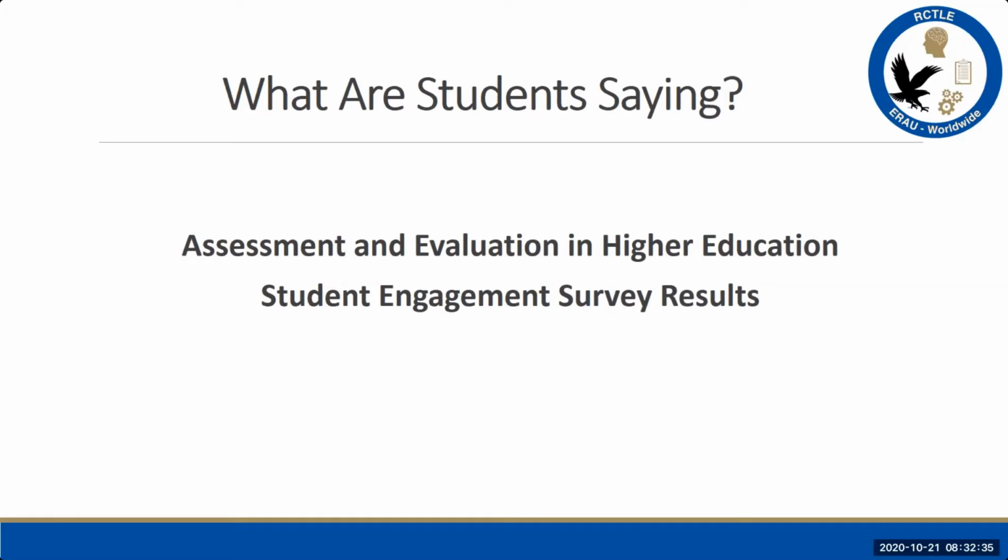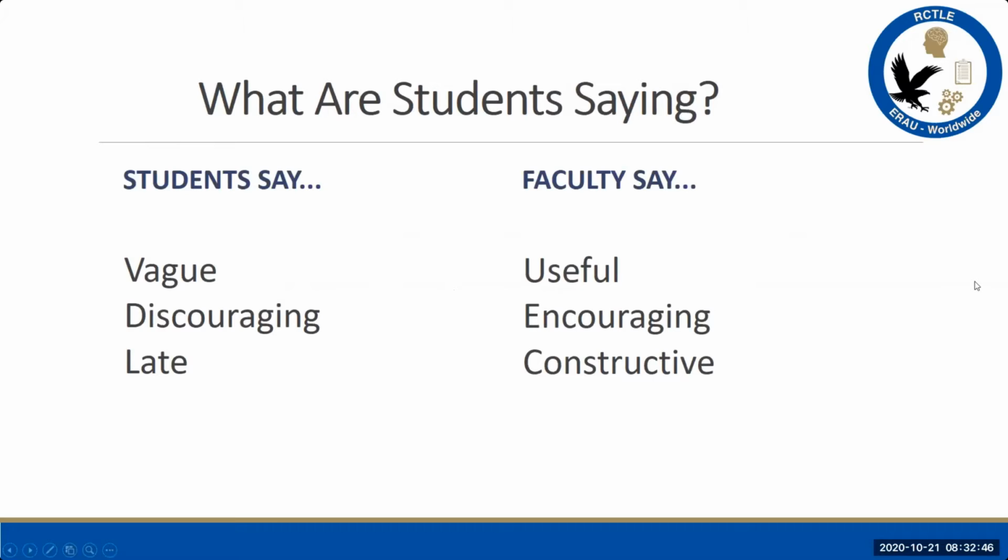Well, let's take a closer look at what students are actually saying. So it looks like here, students say tomato, faculty say tomato. Students state feedback is vague, whereas faculty may feel that feedback is useful.